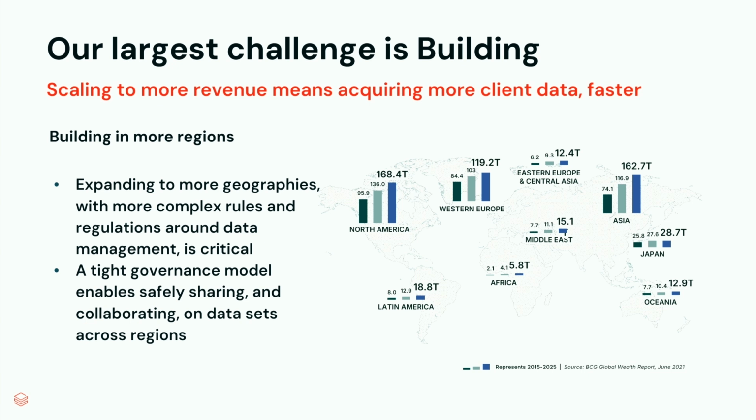To do that, we have a very large engineering, analytics, and operations team that manage 500 plus pipelines every single day, bringing data in, transforming it to Addepar's common data model, and then making it available to our clients. Because we're doing this globally, a tight governance model with something like UC has been foundational to support this at a global scale.